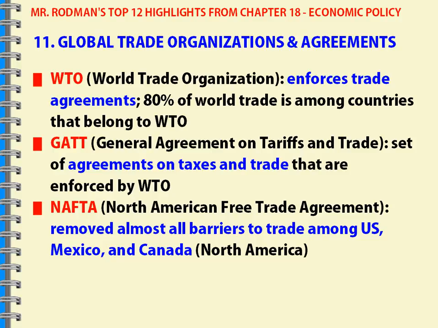GATT is the General Agreement on Tariffs and Trade, and this is basically kind of like a treaty in which different countries have agreed that these are the standards which we will abide by when it comes to taxes, when it comes to trade, and using the WTO to enforce those types of agreements is really where they get their teeth.